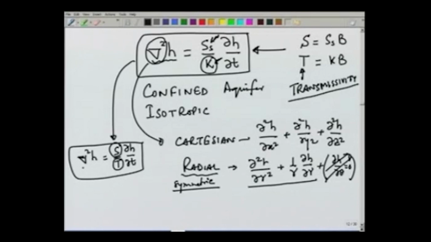Since this is a second order equation in space and first order in time, we need one initial condition and two boundary conditions to solve it.